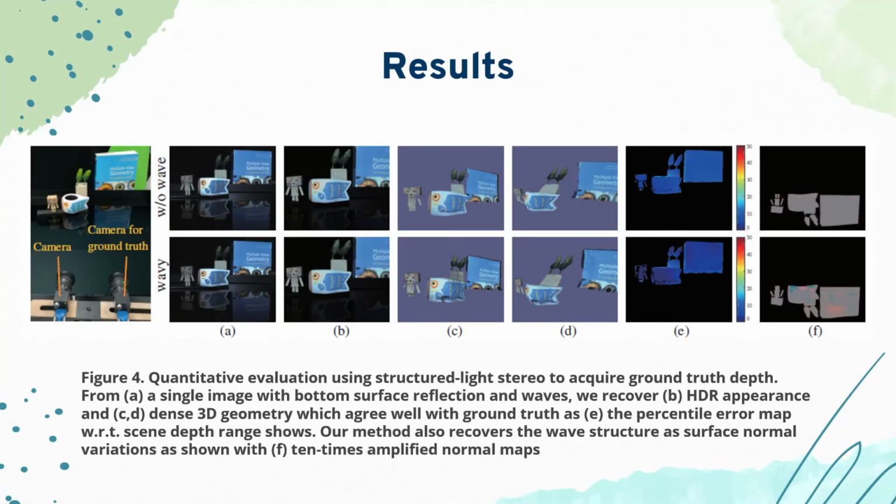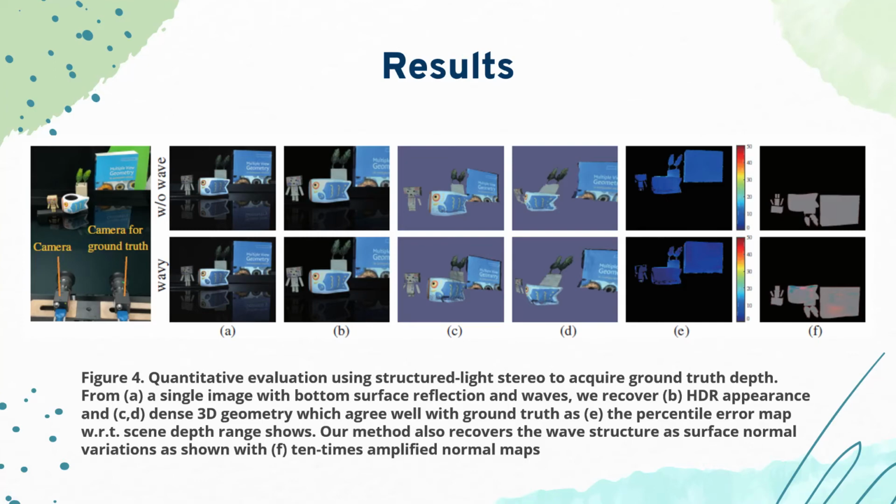Here are a few results of the experiment using the two methods with controlled experiments and with arbitrary images taken in the wild. Figure 4 below shows a quantitative evaluation using structured light stereo to acquire ground truth depth.